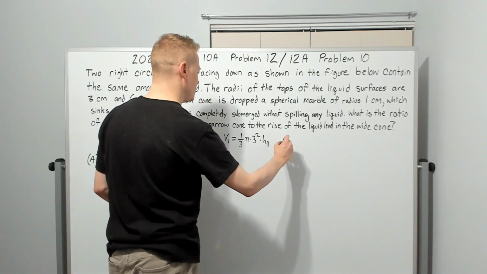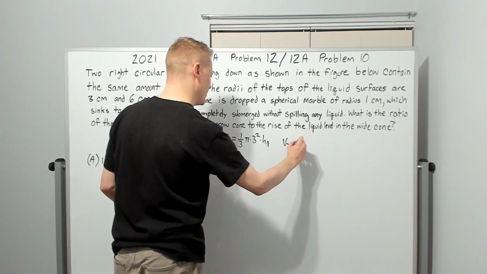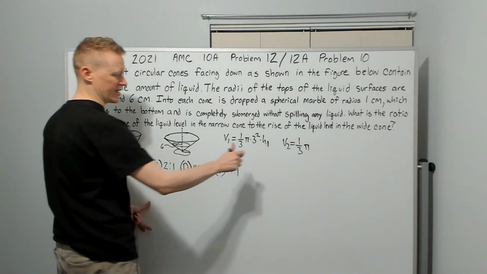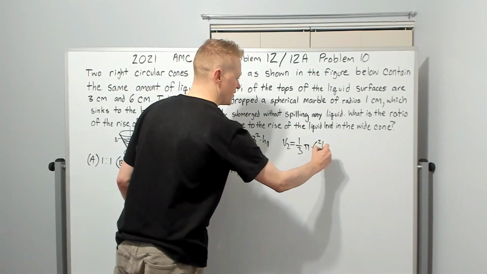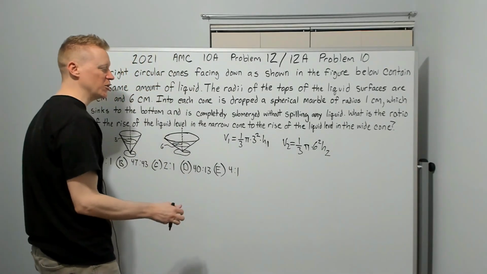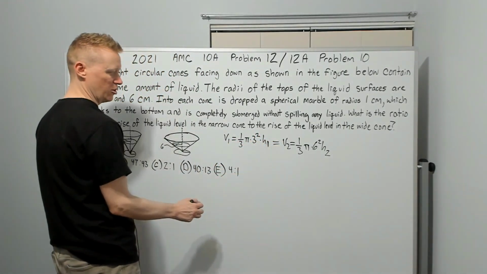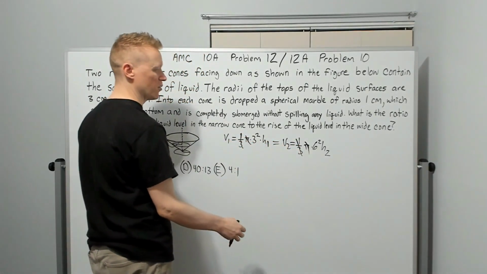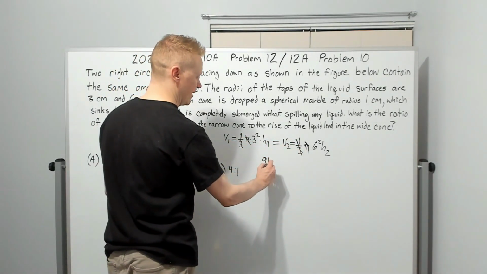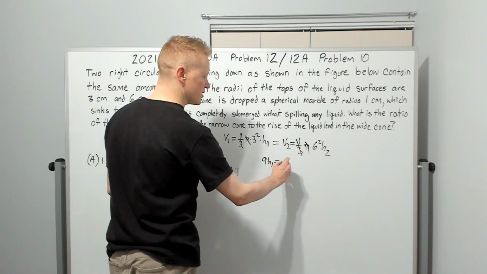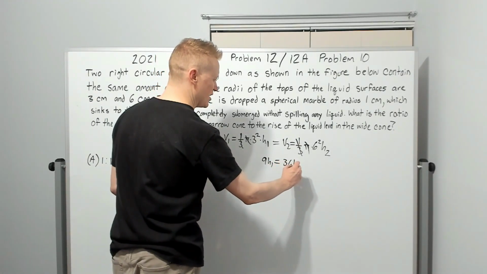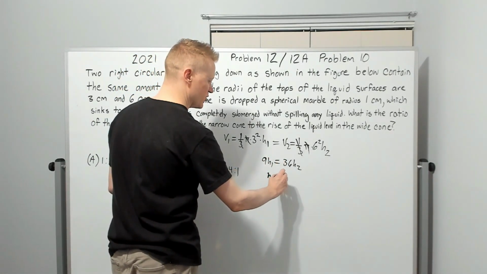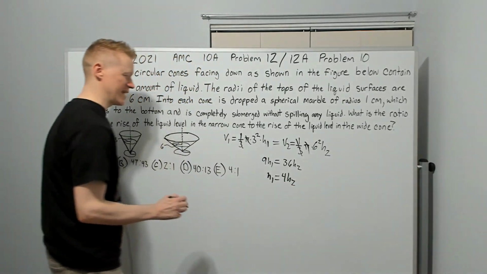Then volume 2 is going to equal 1/3 pi times its radius, which is 6 squared. But the height's not the same, it's height 2. But these are equal, so we can divide out the 1/3 pi on both. This is going to be 9h1 equals 36h2. So I can divide by 9 to get that the first height is 4 times the second height.